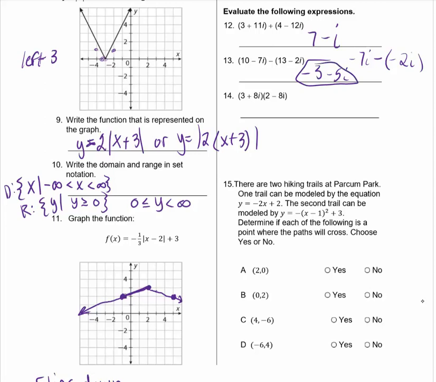And then 14, I'm going to FOIL or use the distributive property, depending on which way you prefer to think of it. They're the exact same steps. 3 times 2 is 6. 3 times -8i is -24i. 8i times 2 is 16i. And 8i times -8i is -64i squared.